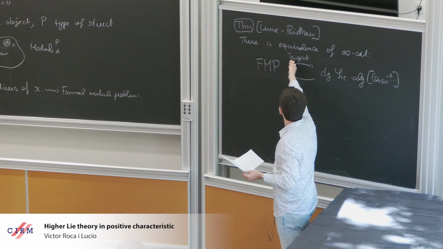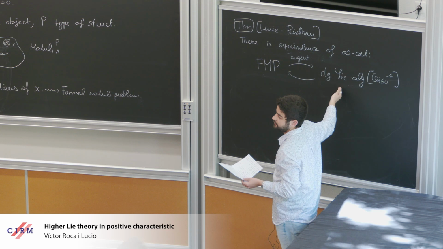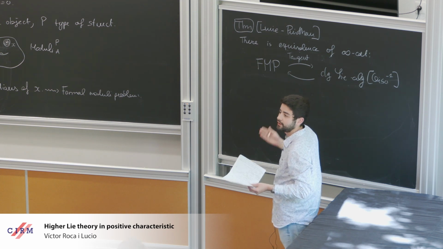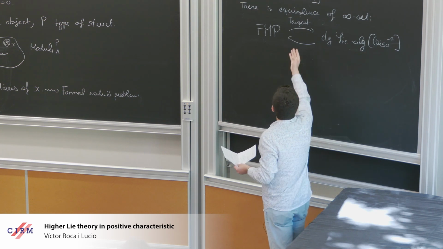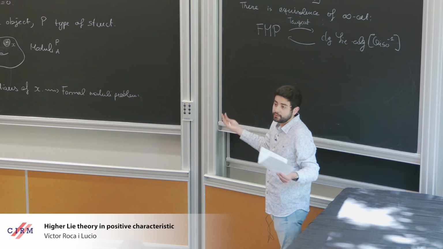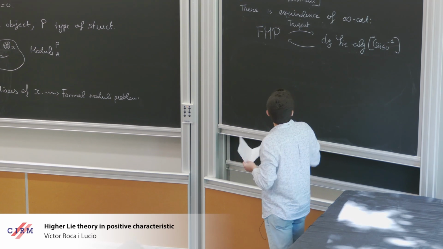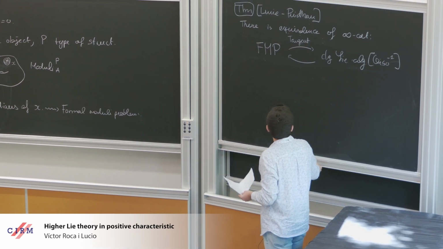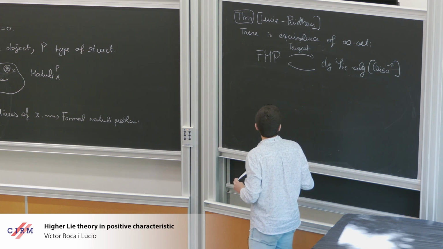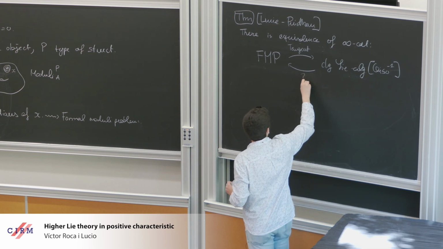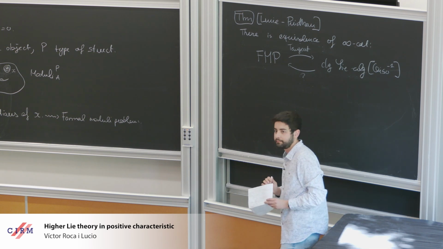And this functor essentially says that I put a differential graded Lie algebra structure on the tangent object. This is a bit reminiscent of how Lie algebras first appear as taking the tangent at the unit of a Lie group. But I don't want to make this analogy precise.